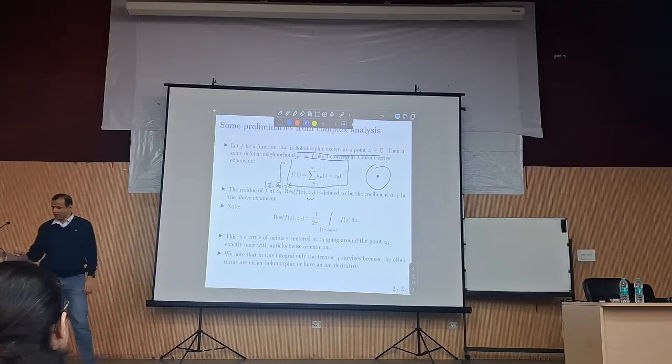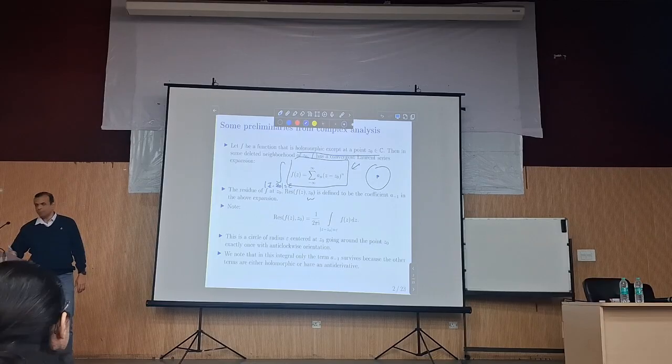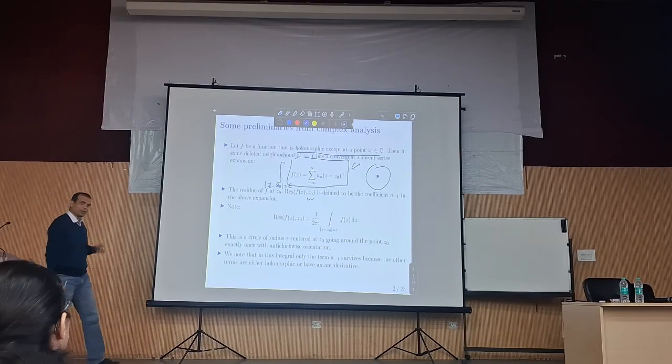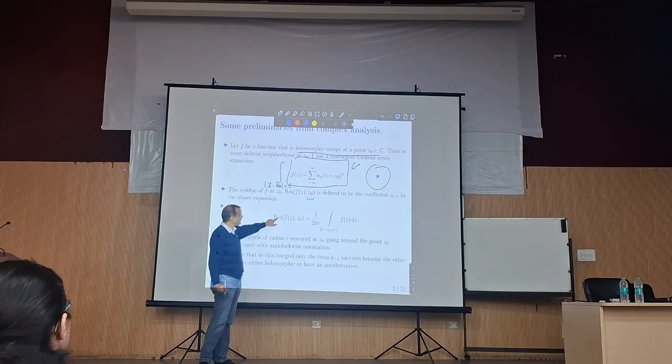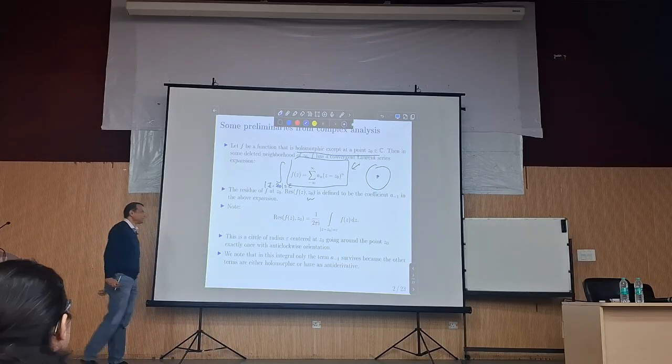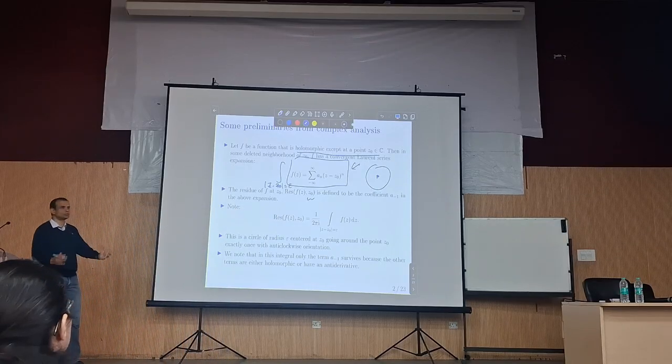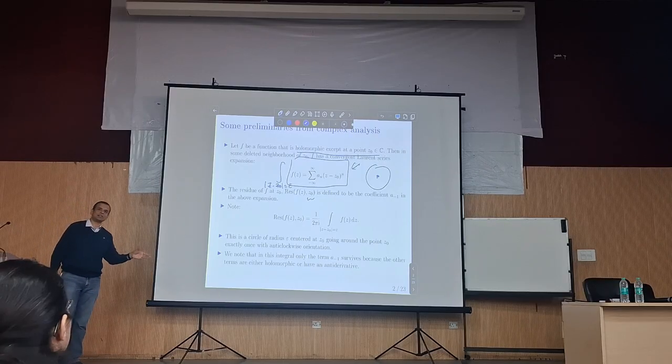So my point is, if you have a Laurent series expansion, then from it you can relate that to an integral, and the integral is simply the coefficient a minus 1 that comes up in the expansion. So now this is the idea, and this is the basis of contour integration. Sometimes real integration is simpler when you take it to the complex scheme.